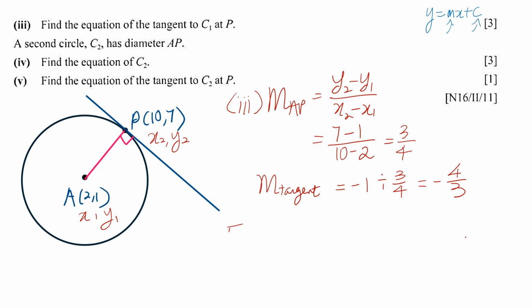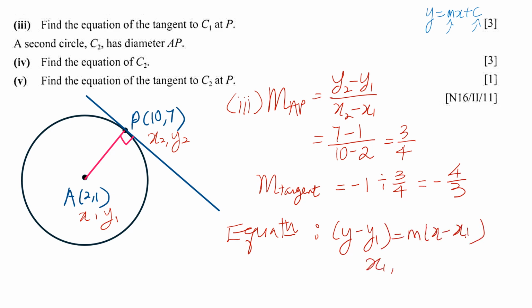Okay, so with that we can find the equation of the tangent line, and I'm going to use this formula: y minus y1 equals gradient times (x minus x1), where your (x1, y1) is your point of contact, which is (10, 7). So I'm going to substitute that into the equation to get y minus 7 equals your gradient, which is negative 4/3, times (x minus 10).